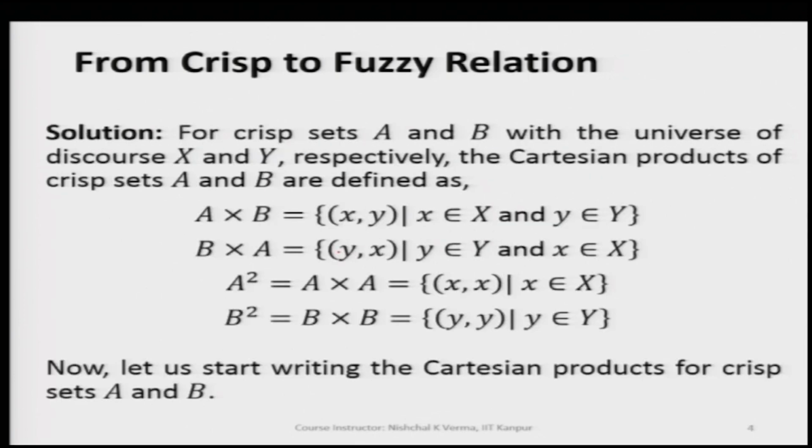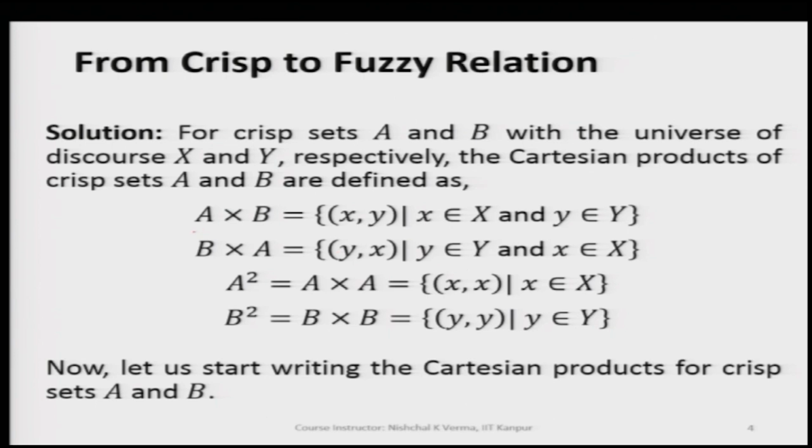If we are interested in finding the Cartesian product, what do we do? We simply take the cross product of the two sets A and B, and this gives us the ordered pairs of all the elements from A and B, but within the universe of discourse.